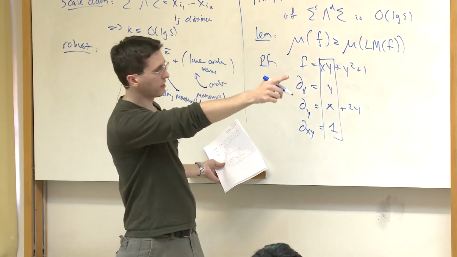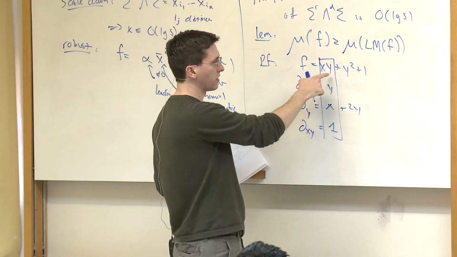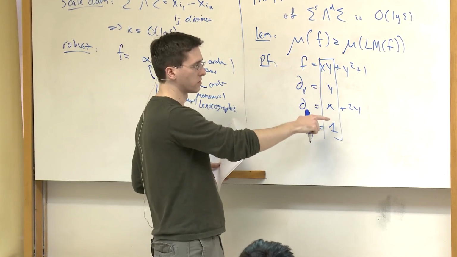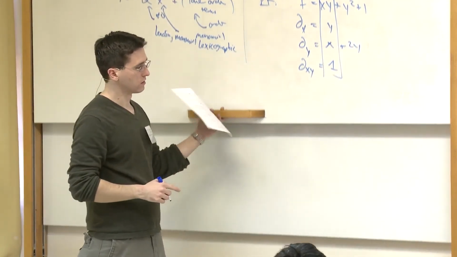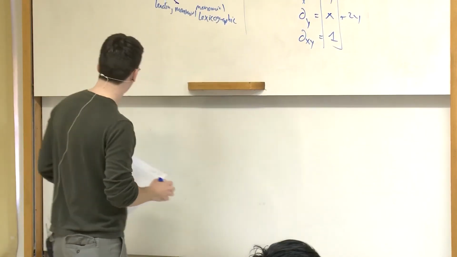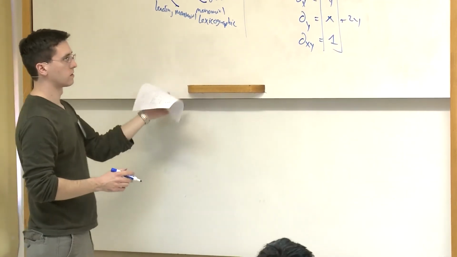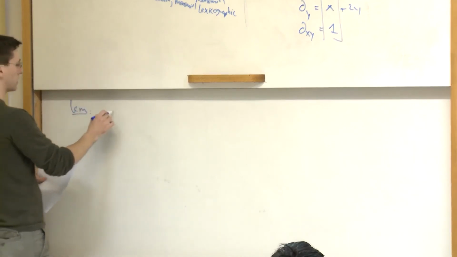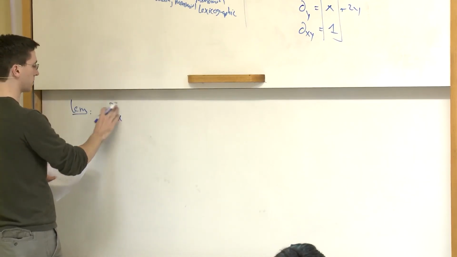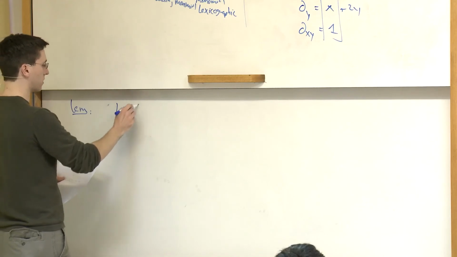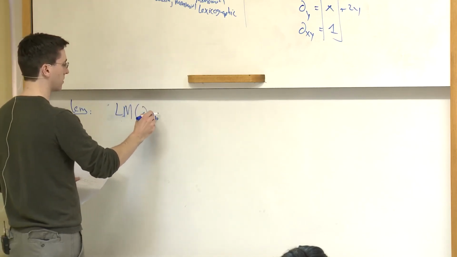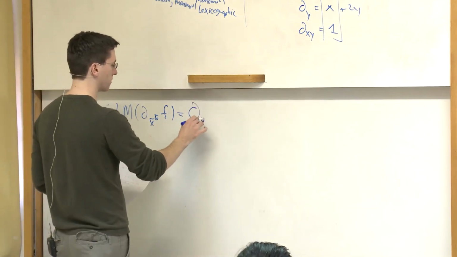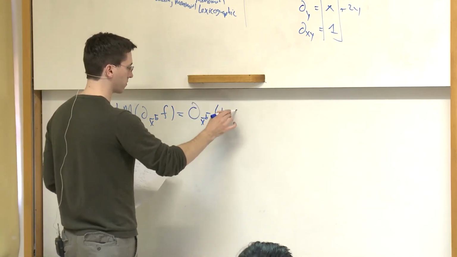The derivatives of xy are exactly what I highlighted here, which are the same as the leading monomials of the derivatives. So there's a secondary lemma here, which is that the leading monomial of a derivative of f is equal to the derivative of the leading monomial of f.